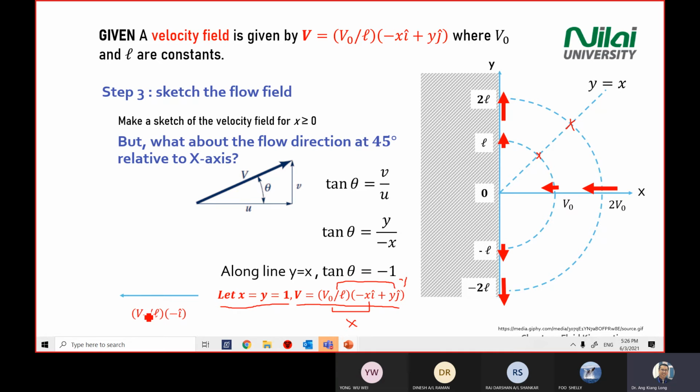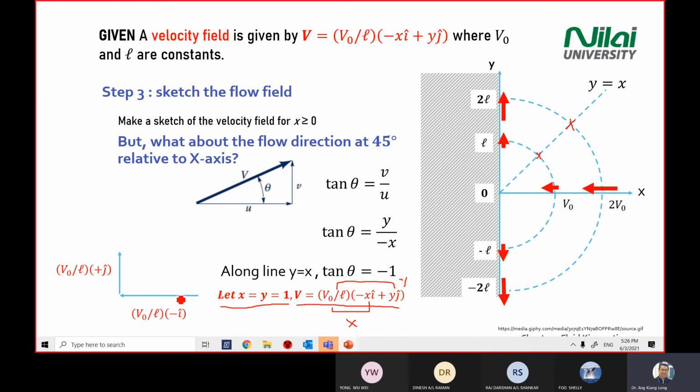This vector is represented by V naught divided by L times minus i. You understand this one, Shirley? Why is the arrow pointing to the left? Yes, sir. Then you continue with the y vector, which is going up. V naught divided by L plus j.